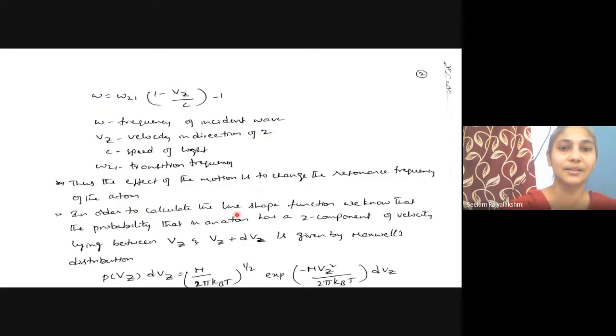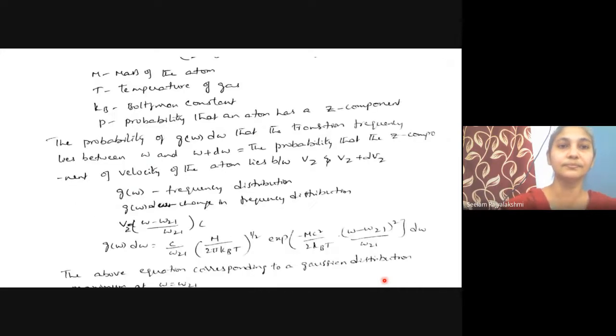In order to calculate the line shape function, we know that the probability that an atom has a z component of velocity lying between Vz and Vz plus dVz is given by the Maxwell distribution: P(Vz) dVz equals (m by 2 pi kBT) whole power 1 by 2 times exponential of minus mVz square by 2 kBT, into dVz. Here m is the mass of the atom, T is the temperature of the gas, kB is the Boltzmann constant, and P is the probability that an atom has a z component of velocity.